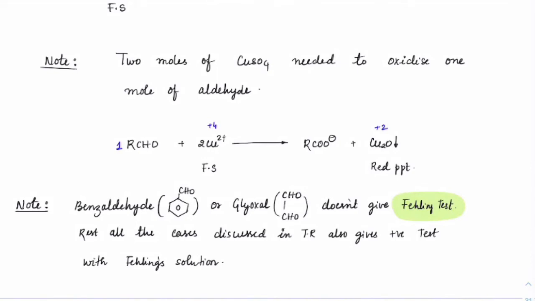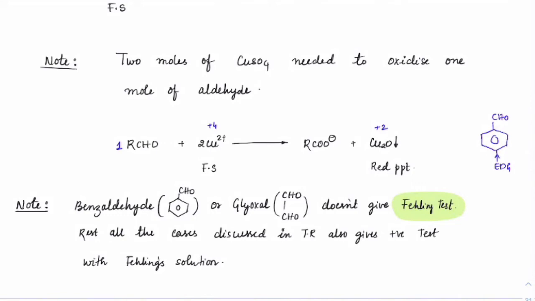Okay. Benzaldehyde with any donating groups on it. Suppose if you have benzaldehyde with any electron donating groups on it, even they will fail. Okay, electron donating groups. And benzaldehyde with electron withdrawing groups like nitro, they would give the test, but again the reaction will take a longer time.